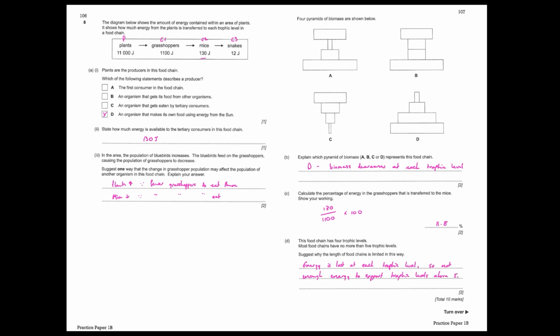You can find very rare instances of 6, maybe 7 trophic levels, but realistically that is limited by the energy in the system.